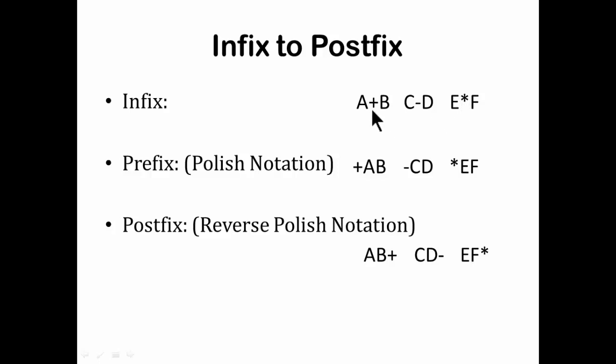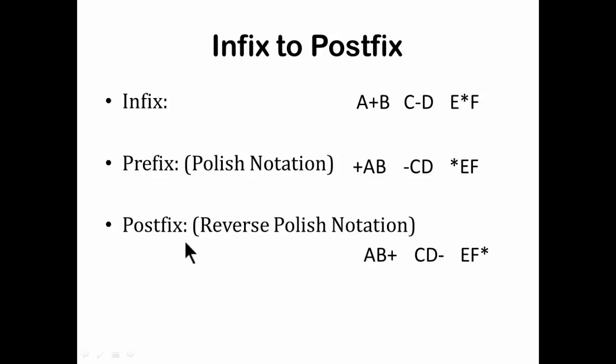Prefix says that if you want to add two operands, you first have to mention the operator and then the operands. Pre means before. So the operator comes before the operands. So plus AB, minus CD and asterisk EF are just a representation of their counterparts that are written here in the infix notation. This prefix was proposed by a Polish mathematician, therefore the other name for it is Polish notation.